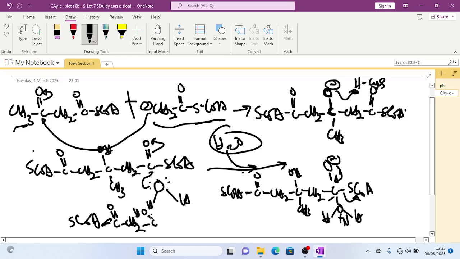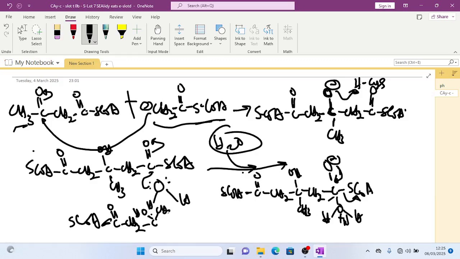The hydroxybutane and the methylbutane and the cysteine and then COO and then OH.